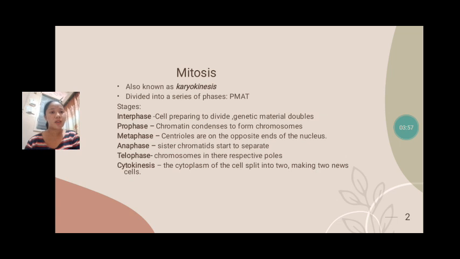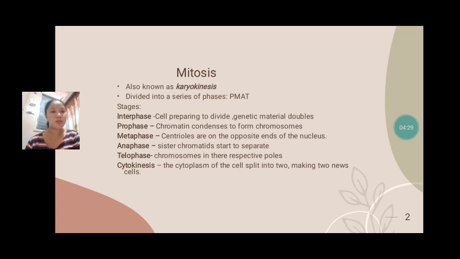In the prophase they condensed, but in the telophase it's the opposite, they decondense, and the nuclear envelope reforms around each set of chromosomes, and the spindle fibers disassemble. So the spindle fibers in the telophase stage of mitosis disassemble, and then the chromosomes decondense.